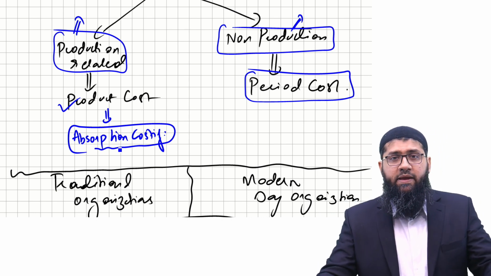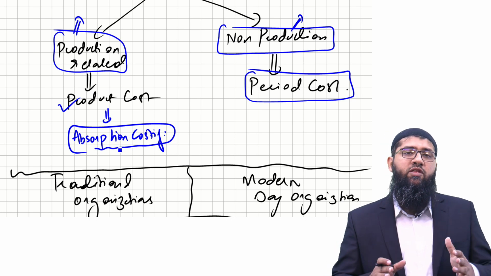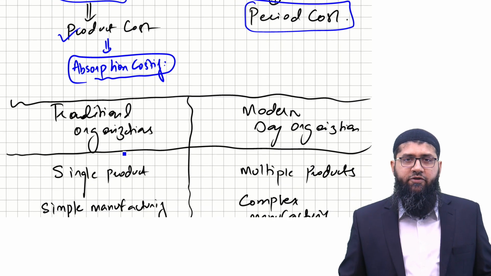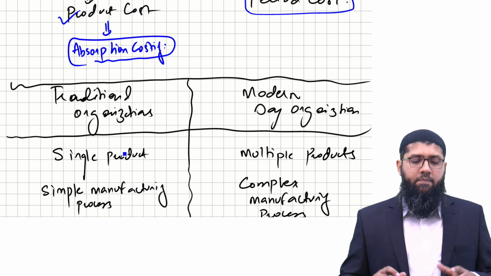The major reason is that over a period of time there has been change. So when I compare a modern-day organization with a traditional organization, what are the major differences?